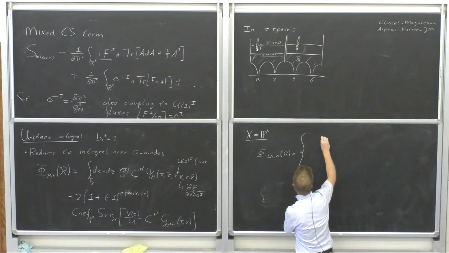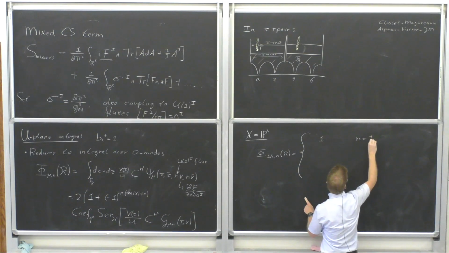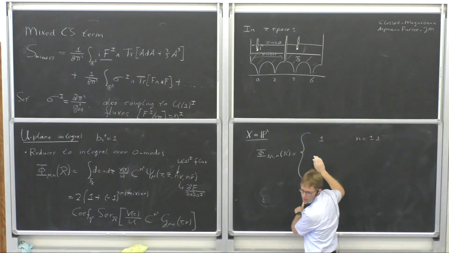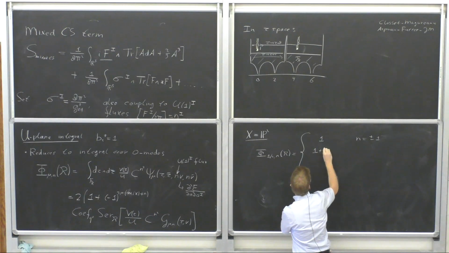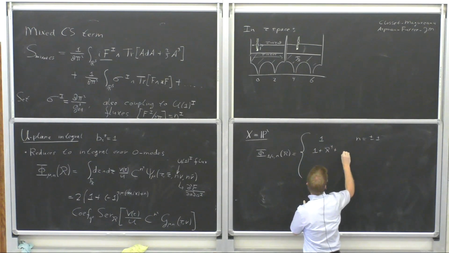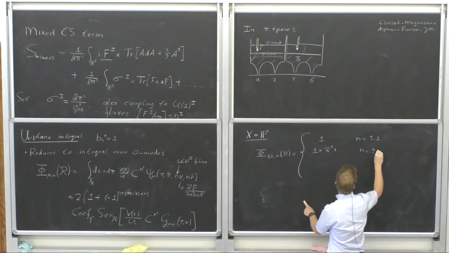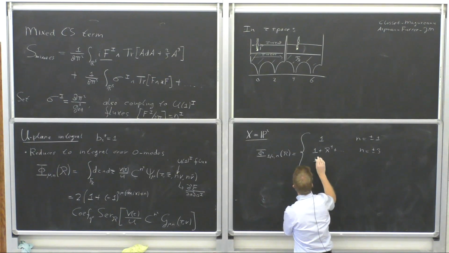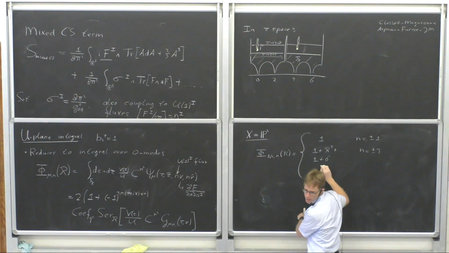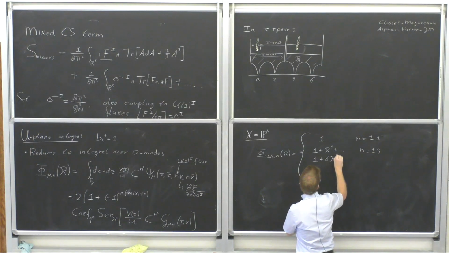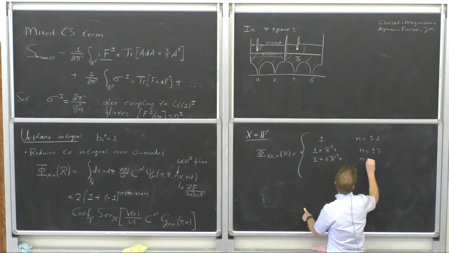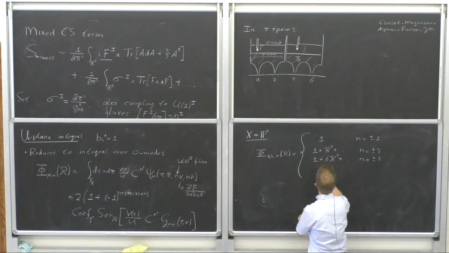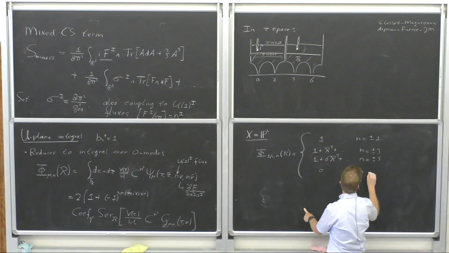It is 1 for n is plus or minus 1. 1 plus r to the 4 plus other terms, n is plus or minus 3. 1 plus, I think, 6 r to the 4, n is plus or minus 5, and 0 for n even.